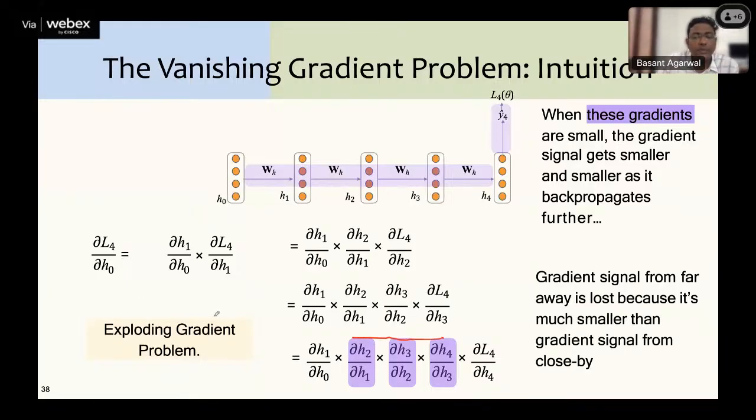The exploding gradient problem is very similar, but the problem here is when you have, let's say, a slightly larger value, like 1.1 for one weight value, and if you multiply a value which is more than one multiple times, that gradient becomes very big, and it will not help in training the model. So the recurrent neural network has mostly two major problems, the vanishing gradient problem and the exploding gradient problem, which hurt the performance of the recurrent neural network.